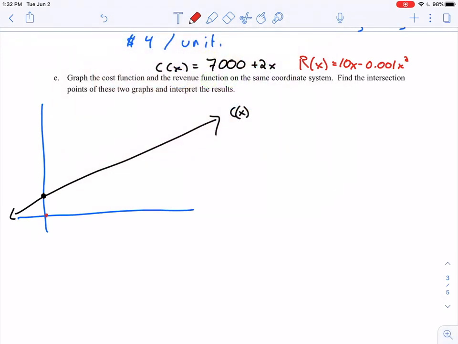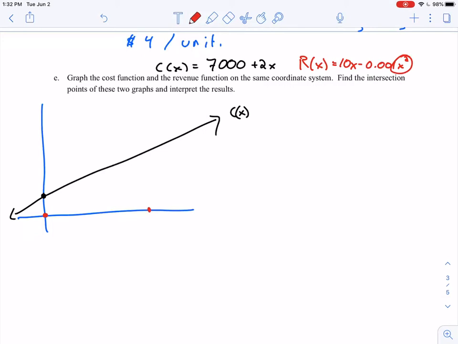Now for our revenue function, it would probably be helpful to take this function and set it equal to 0. If you did, you would end up with 0 and 10,000, which means it's going to intersect right here and right here. Again, what do I know about my revenue function?